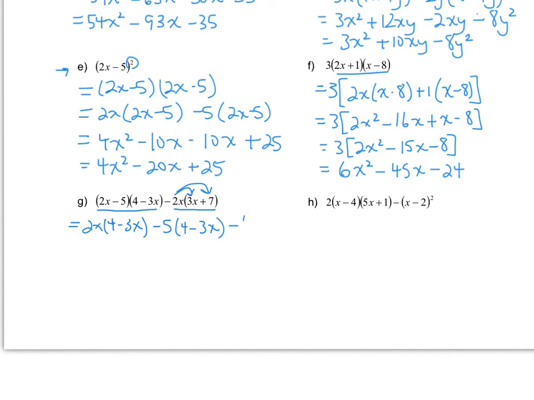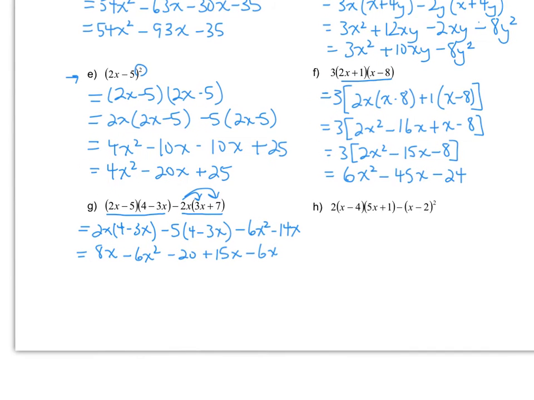I'm going to get a minus 6x squared minus 14x, 8x minus 6x squared, and then minus 20 plus 15x minus 6x squared minus 14x.